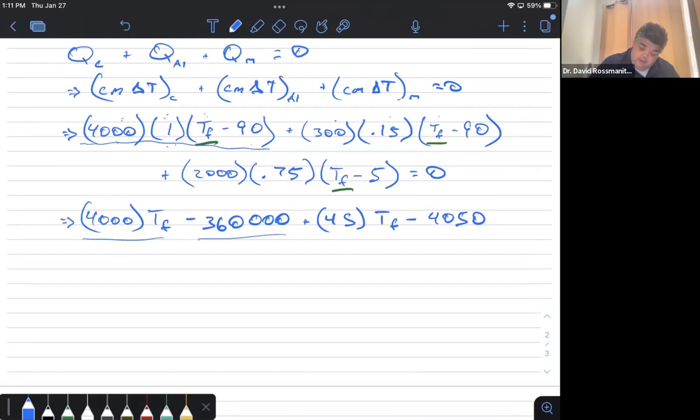And now the last one, the milk term. I've got 2,000 times 0.75 times TF is 1,500 times TF. And then 2,000 times 0.75 times negative 5 gives me negative 7,500. Equal to 0.